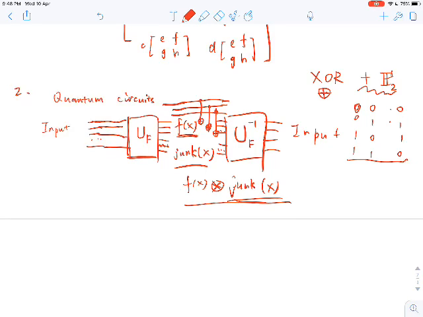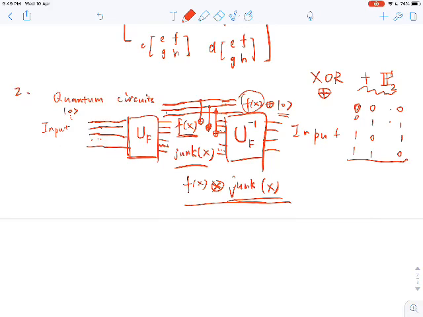Therefore, if the stored qubits here are all 0, then the final state is fx XOR 0. If they are 0, they will have no influence on the final state. Therefore, this information here is just fx.